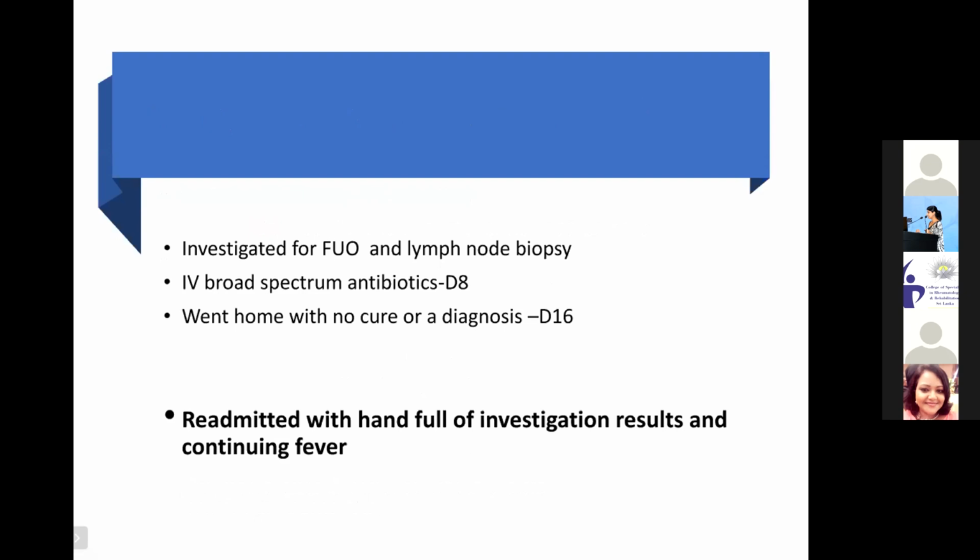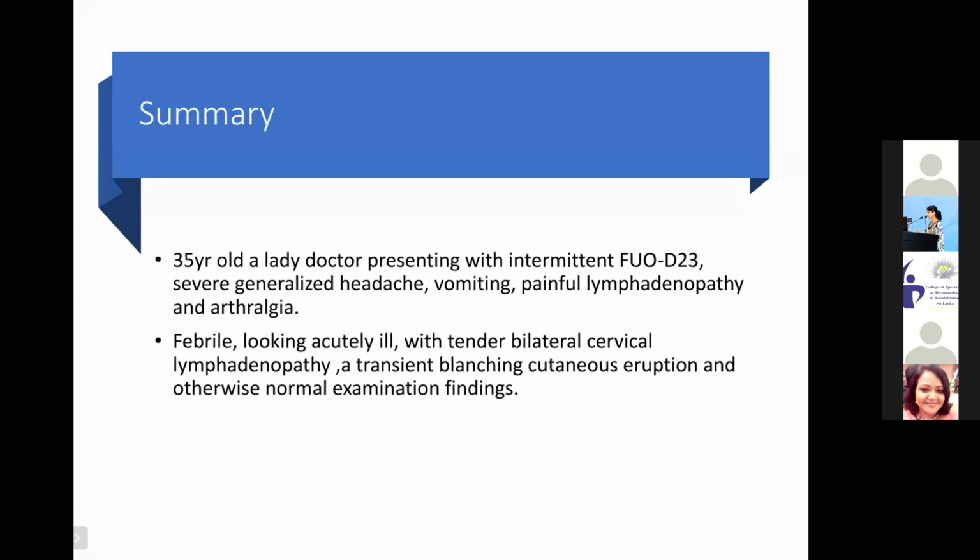So she underwent investigations for fever of unknown origin, and a lymph node biopsy was performed. IV broad spectrum antibiotics were given, day 8 completed, and she went home with no cure or a diagnosis on day 16. Then she was readmitted on day 23 with a bunch of investigation results and ongoing fever.